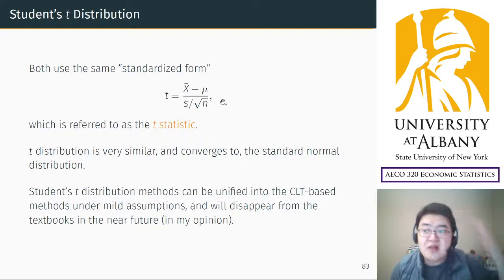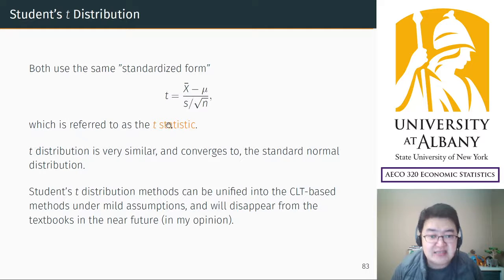So later, this transformed statistic will be referred to as the t statistic. So even though I do not use the distribution itself, still the name remains. The name for this guy is t statistic, and everyone uses t statistic.